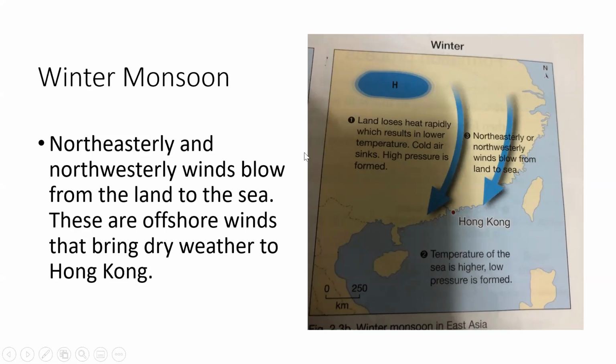So the northwesterly winds, 東北同埋西北風會吹過嚟啦，from the land to the sea, and they are offshore winds 離岸風. Since the land has less water, it brings dry weather to Hong Kong.